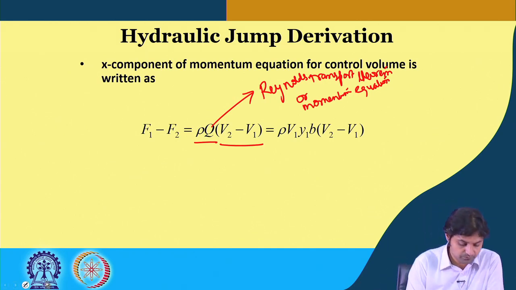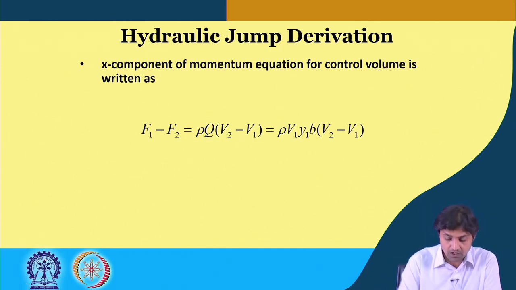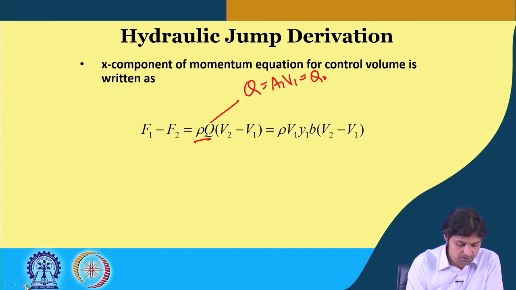Now, Q can be written as A1 V1, which is equal to A2 V2.